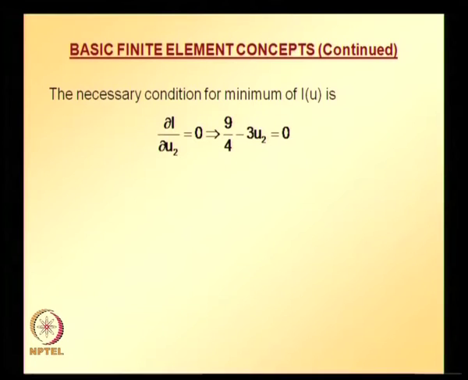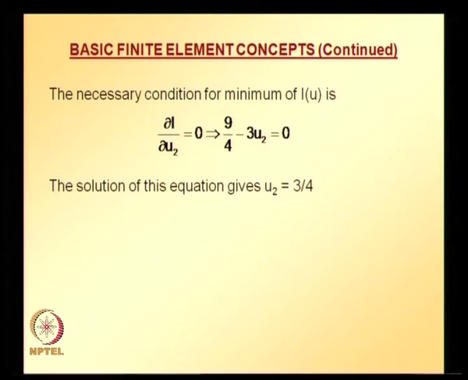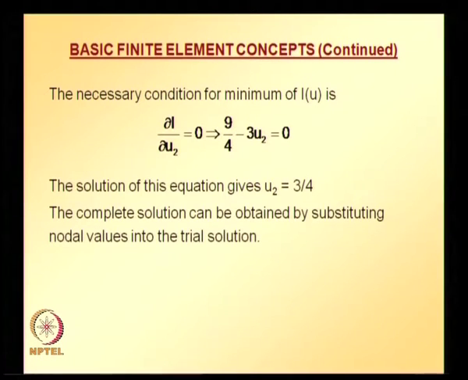So the necessary condition for a minimum of I is the derivative of I with respect to u2 equal to 0, which leads to one equation, one unknown, and you can solve for this unknown u2 and back substitute it into the trial solution. You get the complete solution.